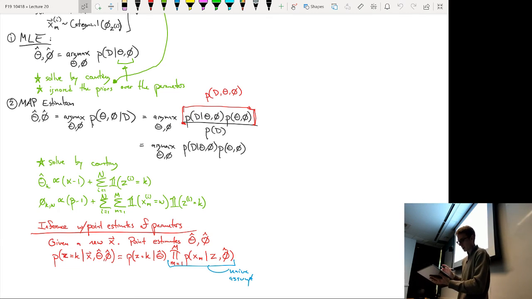suppose instead you wanted to do Bayesian posteriors or Bayesian parameter estimation.